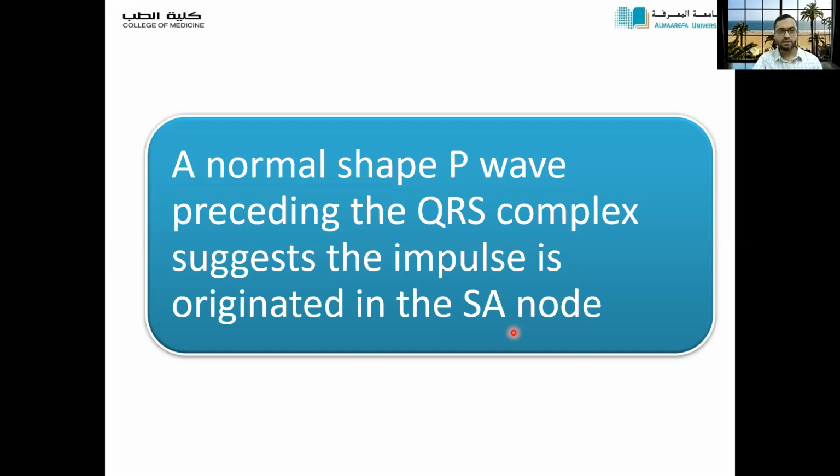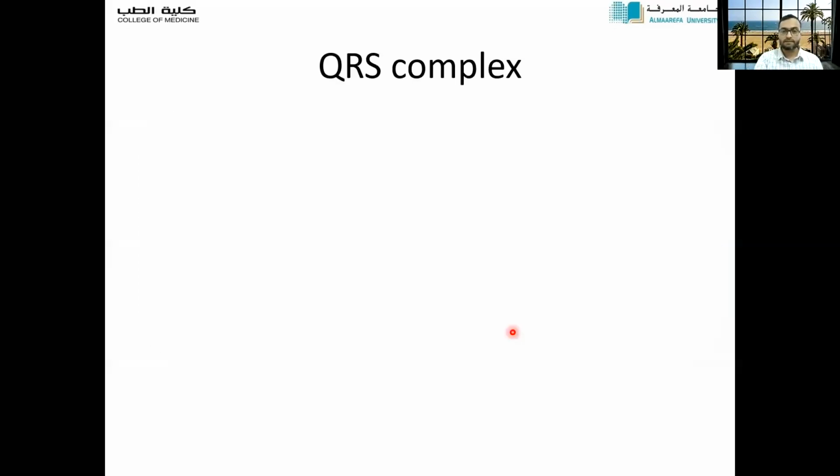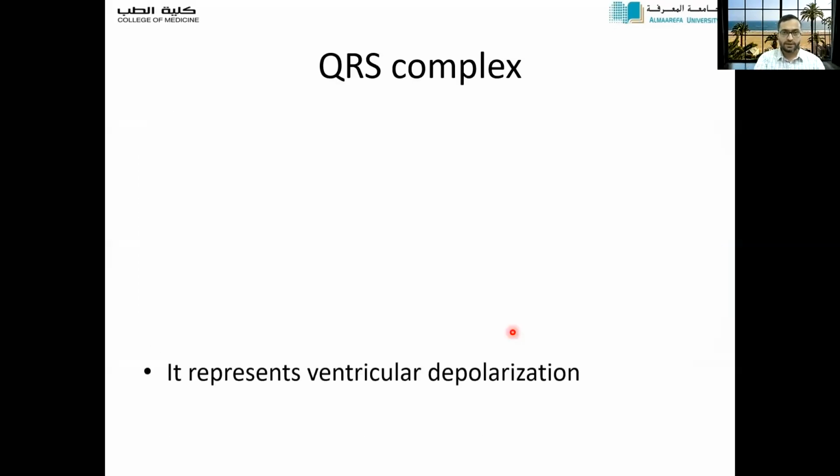The P wave is not the depolarizing wave of the SA node. But if the normal shape of the P wave is present before the QRS complex, we can take this inference that the beats are originating in the SA node. Please keep it in mind. So when the P waves are absent, it's giving you a clue that beats might not be originating in the SA node, but somewhere else. Okay, now coming to the QRS complex.